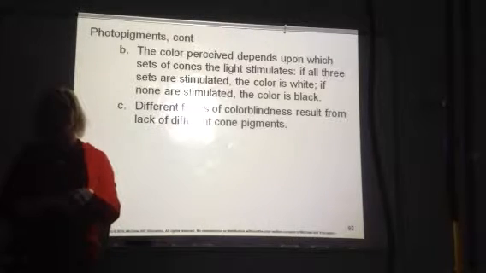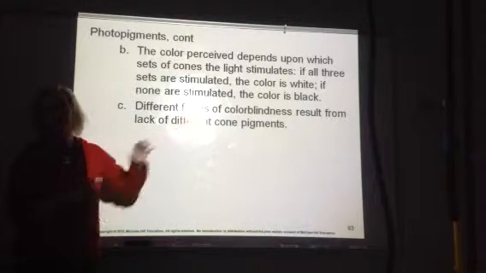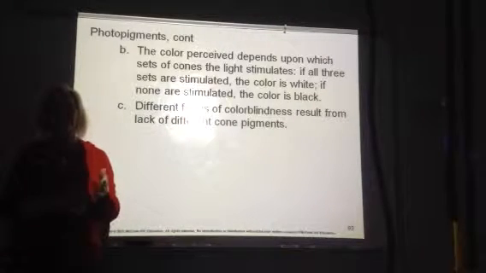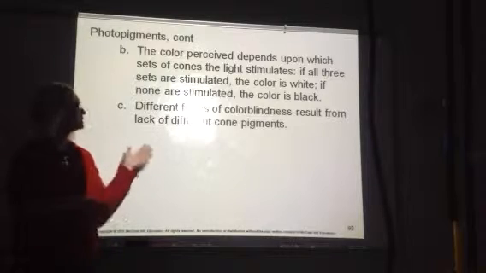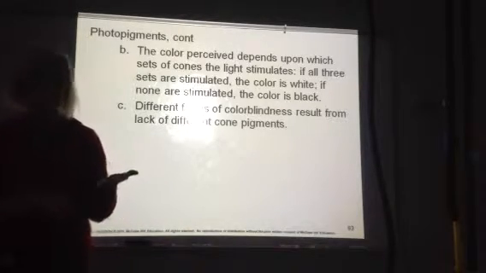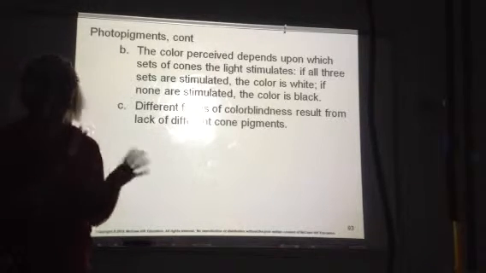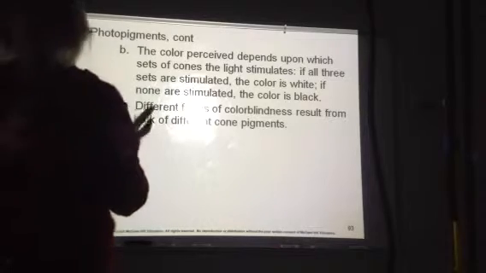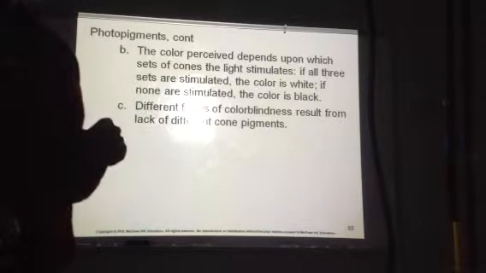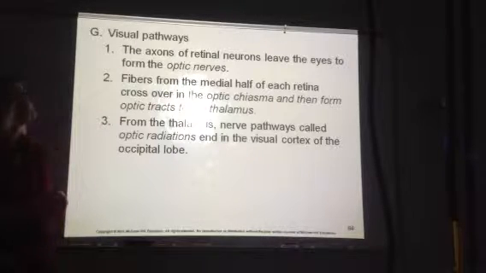So if you know someone that is colorblind, their cones are lacking specific pigments, and those can be different. That is why there are different forms of color blindness. With extreme color blindness, you might only see black, grays, and whites. A lot of people have problems with blues and purples, so there are varying degrees of color blindness.